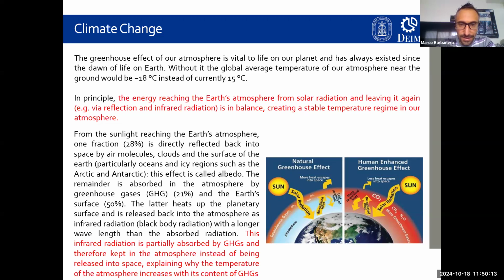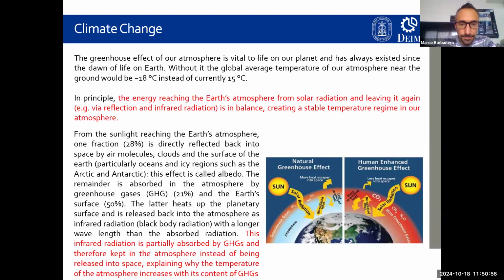In fact, without the greenhouse effect, the average temperature of the atmosphere would be minus 18 degrees instead of 15 degrees. So the greenhouse effect is a natural phenomenon, but the problem arises when we have a huge amount of emissions of greenhouse gases into the atmosphere.